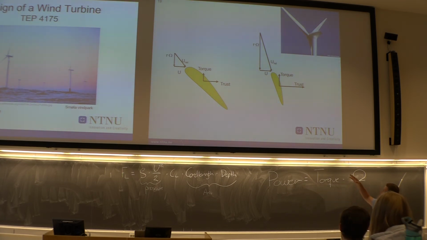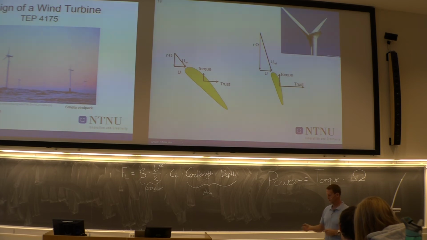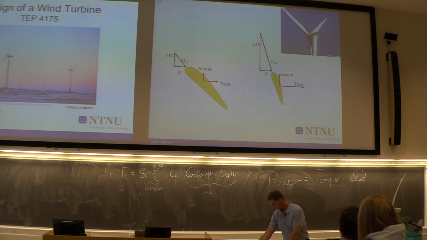That means in order to have the same angle of attack, you need to twist the blade. And that's why you find the propeller blade and the turbine blade twisted. You see it here from one of the blades from last year. You see it here from the blade elements that have been calculated by one group.